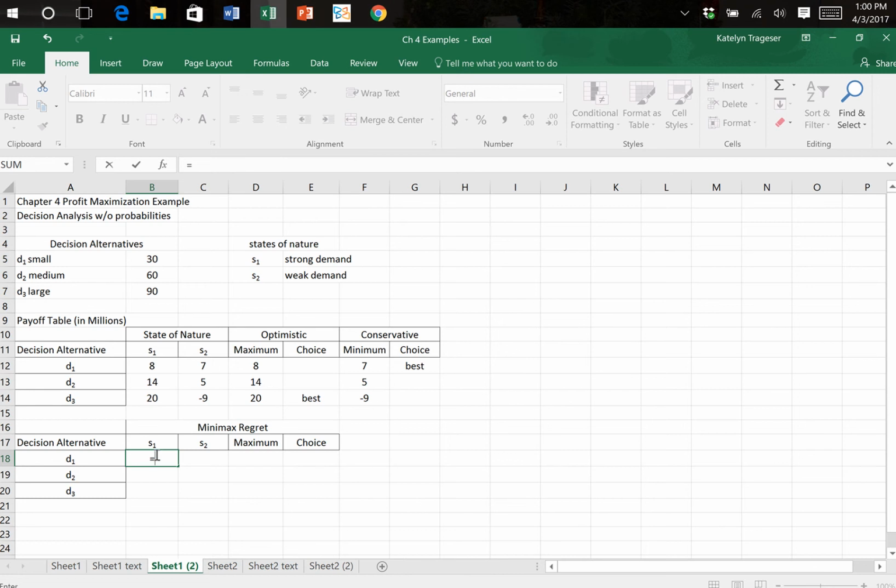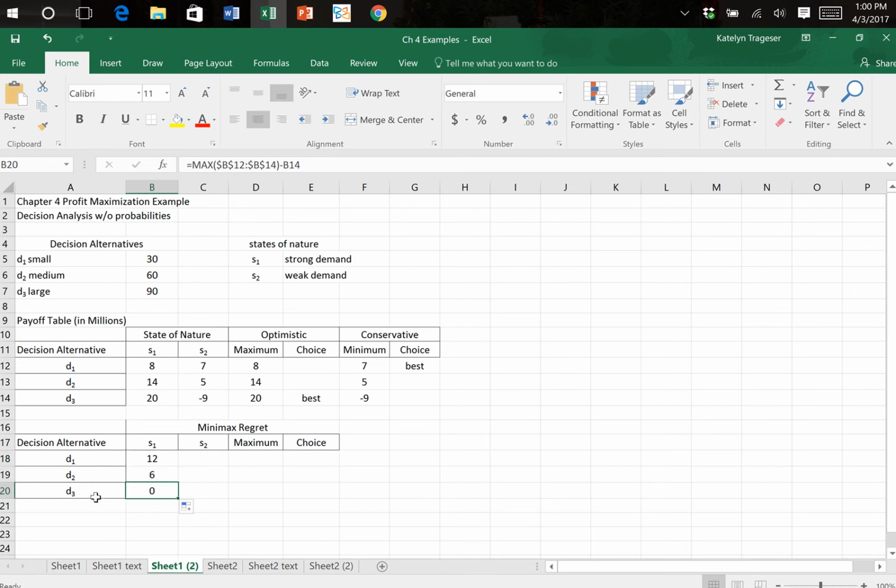So equals the maximum of these 3, again, absolute cell reference, less the cell that we're dealing with, or less the value we have for that particular decision alternative and state of nature. That needs to be a relative cell reference so that we can carry it forward. So copy that down.